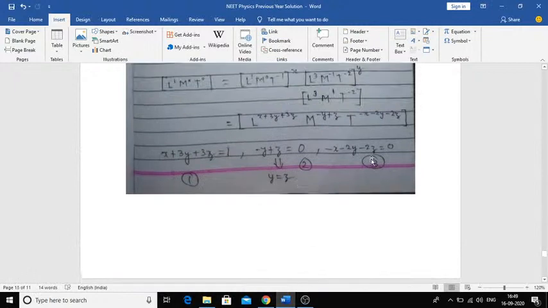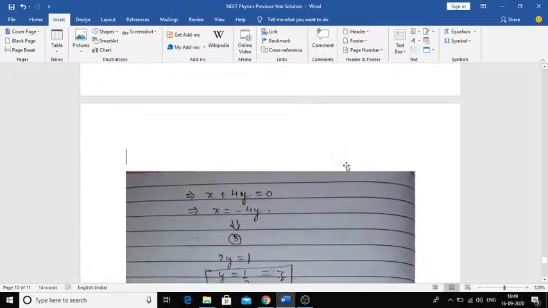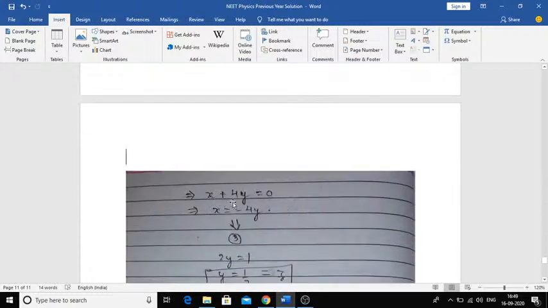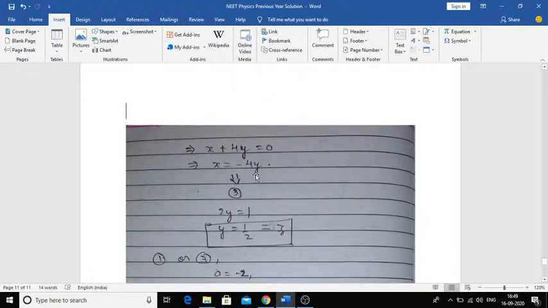So I have written y in the place of z also, because they both are equal. So minus 2y, and this will also become minus 2y. Minus 2y minus 2y will give you minus 4y, so minus x minus 4y. So you can take minus common and throw it out on the RHS, which won't affect the equation, and you will get x plus 4y equals 0. So now this 4y will go on the other side and will give you x equals minus 4y. So the value of x will be minus 4y.